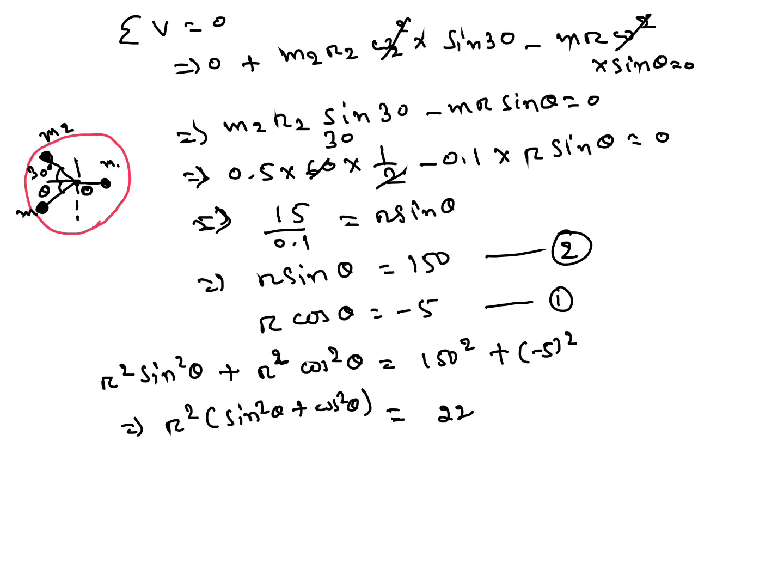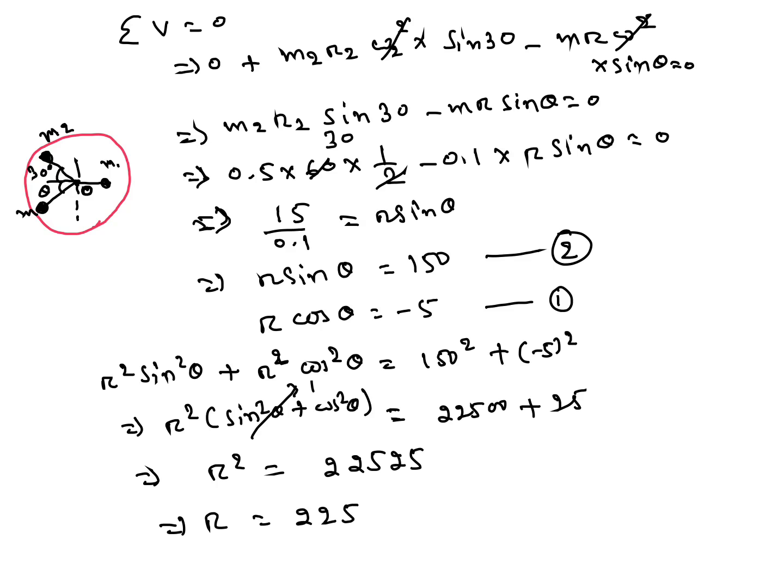So this value is 1, sin square theta plus cos square theta. R square equal to 22525. From here r equal to root of 22525. Let it be 225 into 100 for approximation.